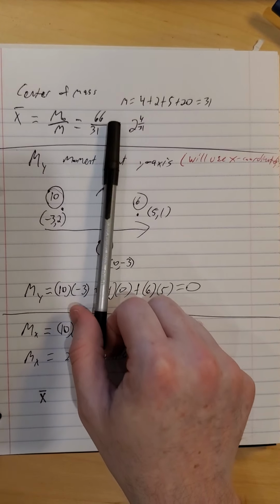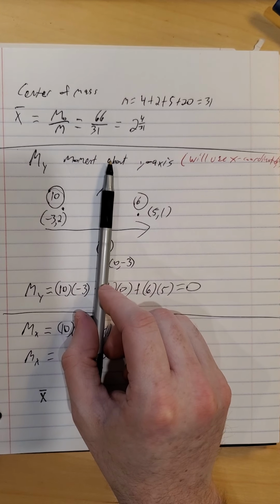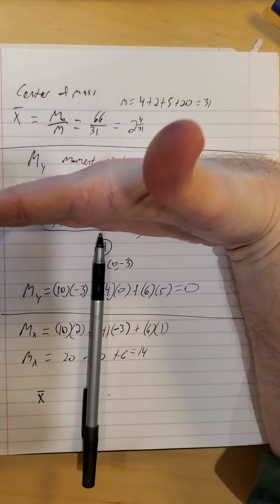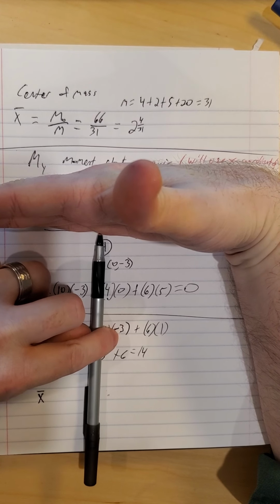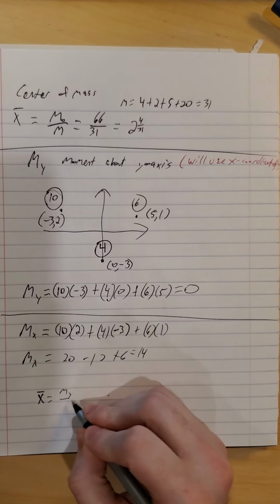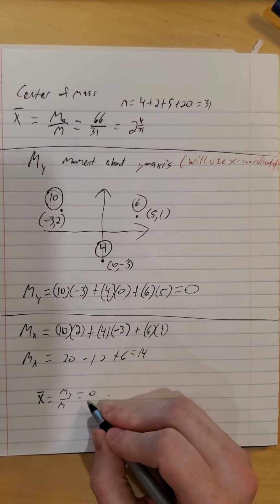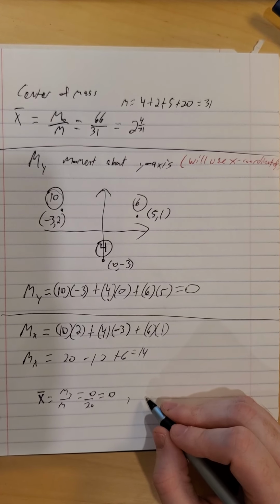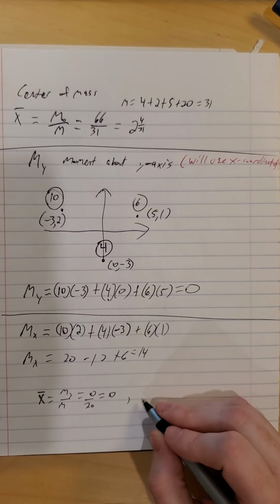Or my apologies, I said that backwards. We have a horizontal place that we're putting them on, and the balance beam then is vertical. We're using m sub y over m. So 0 over 20 equals 0. So there's one of our 2 coordinates for the center of mass for the system.